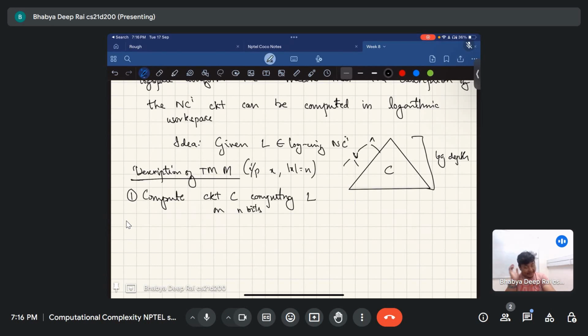The polynomial size may be very large, but we don't care about size. We don't care about time. So now you want to evaluate the circuit.